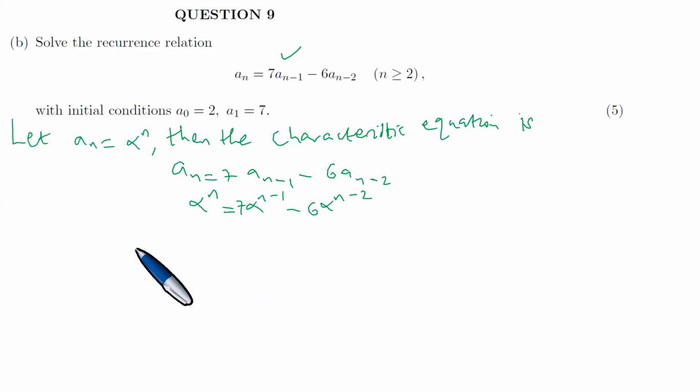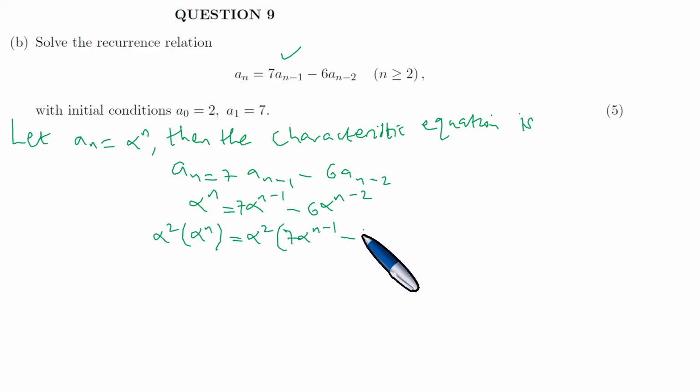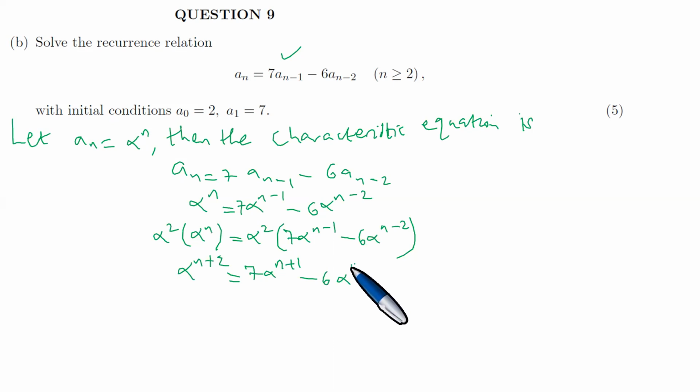Now you multiply both sides by alpha squared, because you have alpha to the negative 2. So alpha to the n plus 2 equals 7 alpha to the n plus 1, minus 6 alpha to the power n.